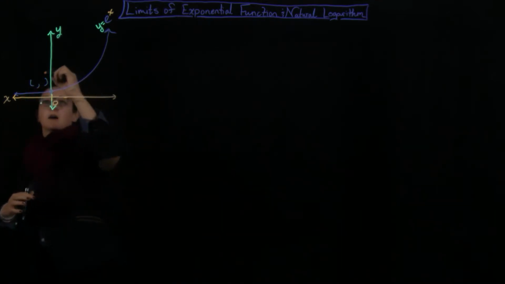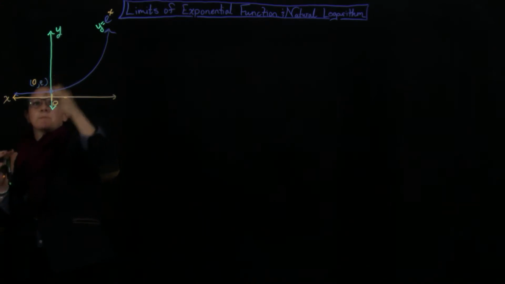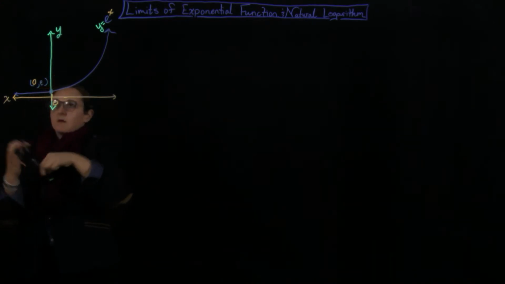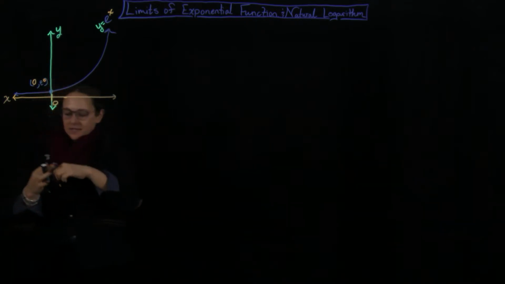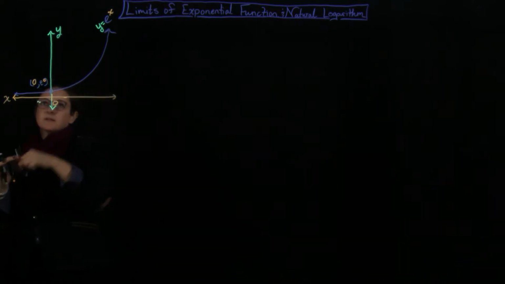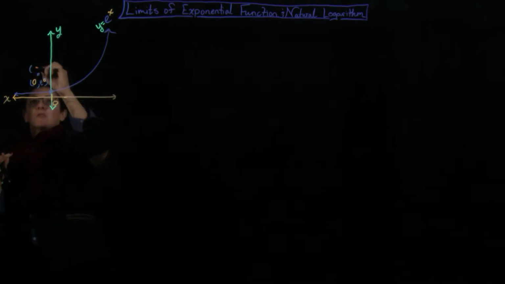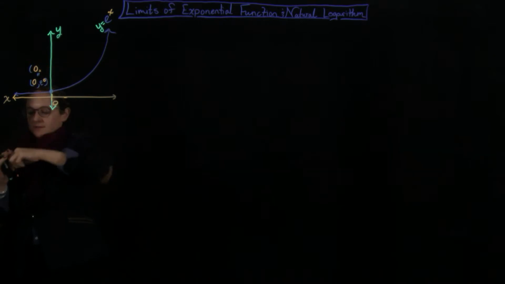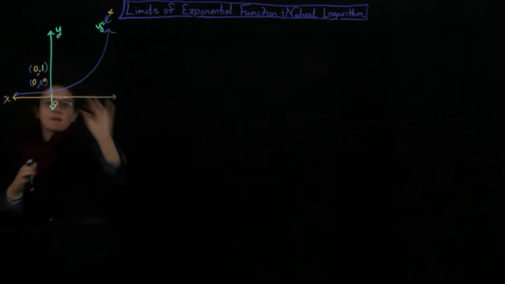So I'm going to get 0, and then I'm going to get e to the 0, which equals 1 as my output. So that point there is 1 point on the graph.